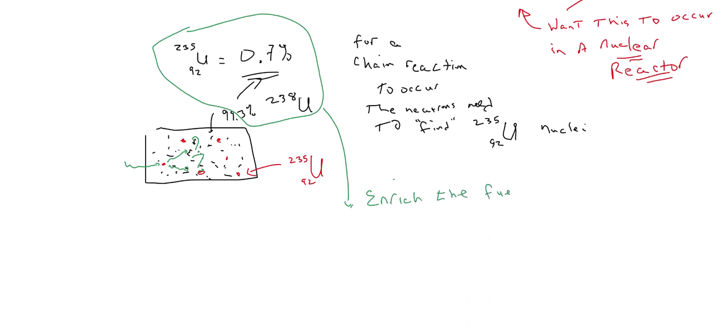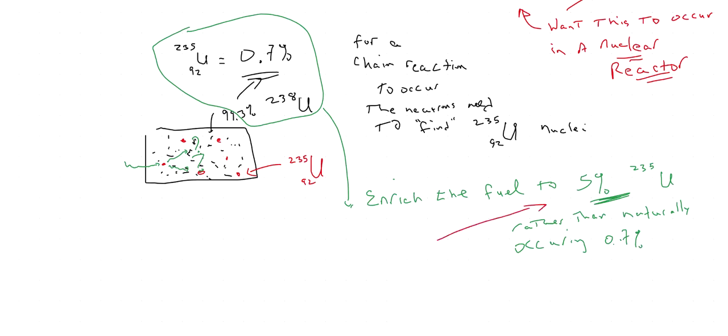They enrich the fuel to about 5% uranium-235, rather than the naturally occurring 0.7%. They do this so that neutrons can find uraniums.